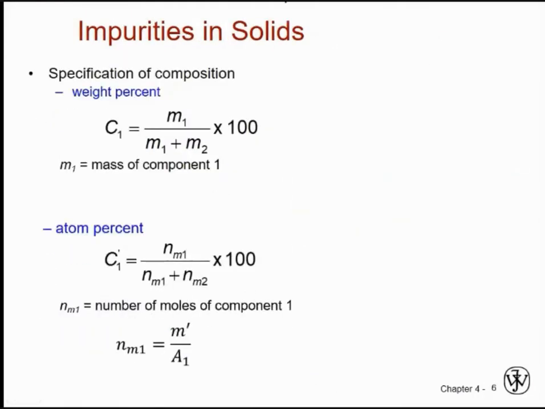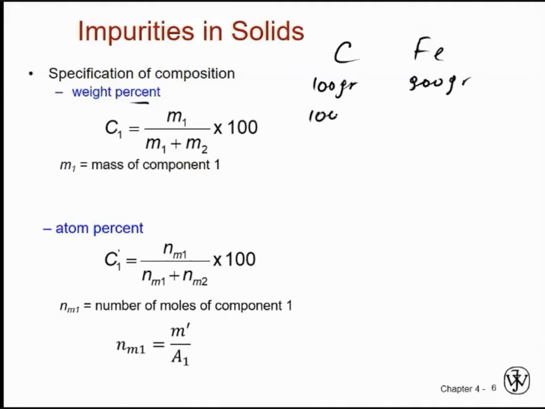When we talked about impurity, we had more than one element, so we have to specify the amount of each element. For example, if you are mixing carbon with iron, we have to specify how much carbon is inside iron. We can tell this by grams, but to make things easier, we will find some percentage. So if I'm using mass, weight, this is what we call the weight percentage.